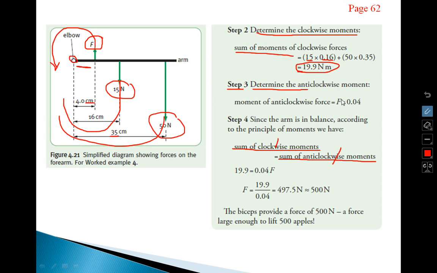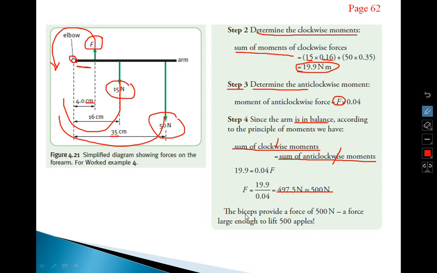Because this force is unknown and the arm is balanced, this is the key to the solution. According to the principle of moments, the summation of clockwise moments is equal to the summation of anti-clockwise moments. So 19.9 is equal to 0.04 F, so F is equal to 19.9 over 0.04, which is approximately 500 Newton.